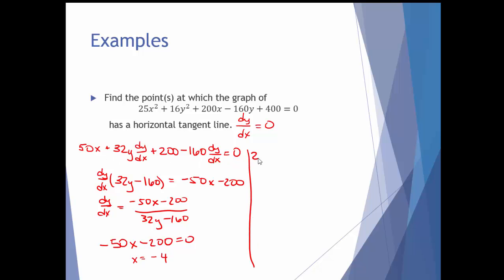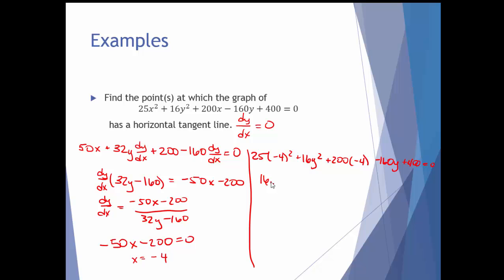So we're going to take 25 times negative 4 squared plus 16y squared plus 200 times negative 4 minus 160y plus 400 equals 0. So 25 times 16 is actually 400. So we have 400 minus 800 plus another 400. So the constants on this side actually all cancel out.